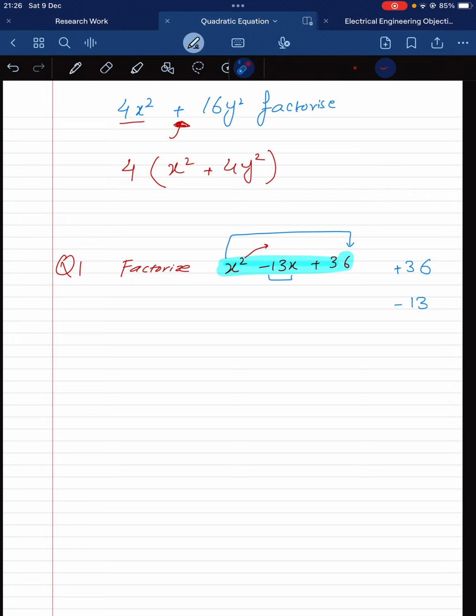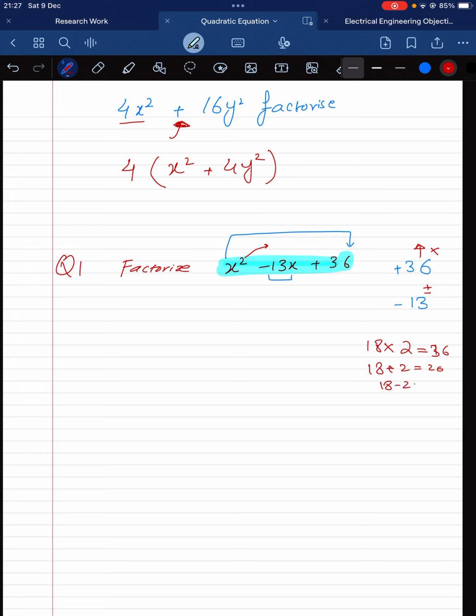Okay, so now we have to think about two digits. When you multiply them, they should give you 36, and when you add or subtract them, you should get 13. So let's say if I take 18 and 2, when I multiply them I will get 36, but if I add them I get 20, and if I subtract them I will get 16.